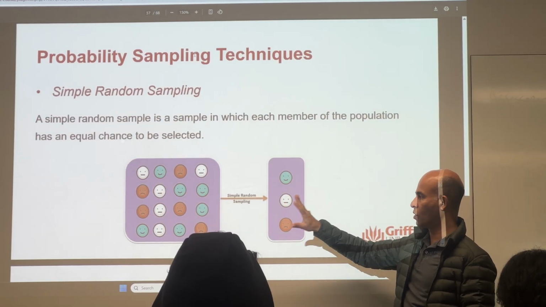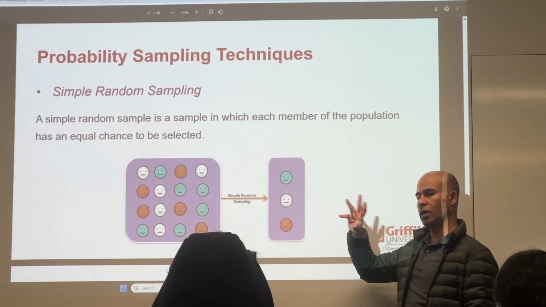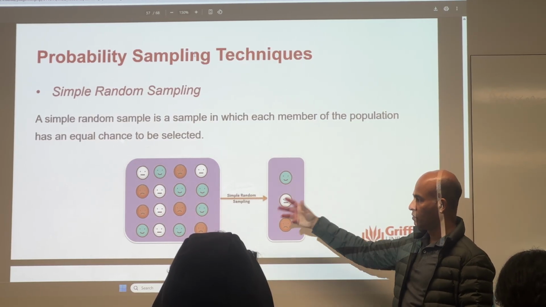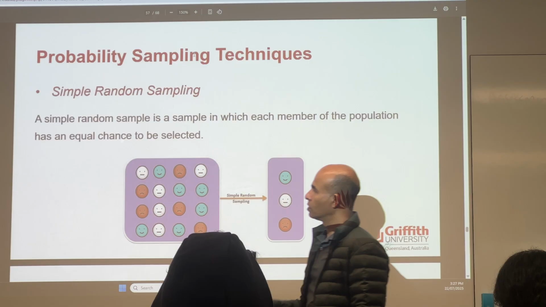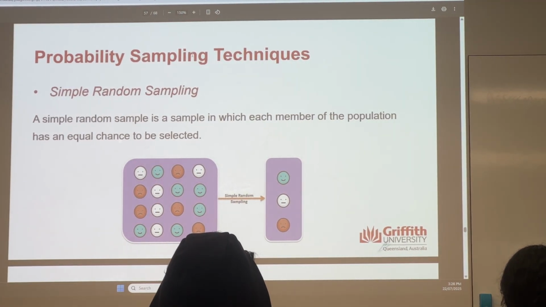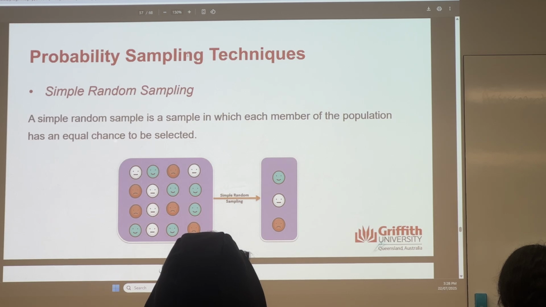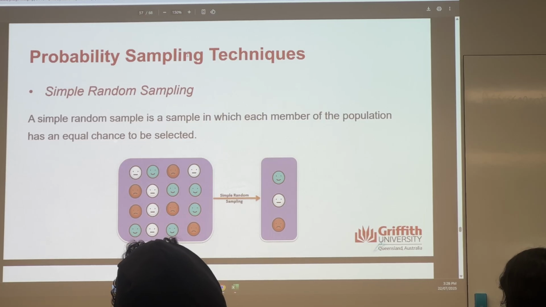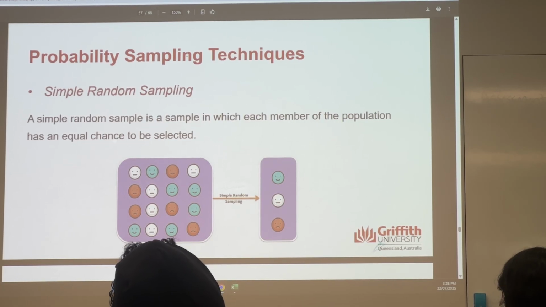Simple means we are not doing anything, we just pick 3 randomly. So that's simple random sample. So what is the problem with this method? Any problem with this method? It's too random.